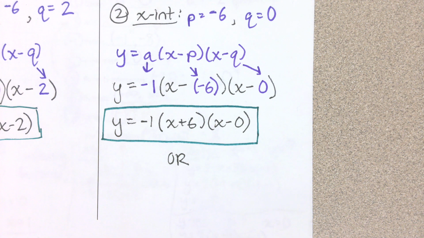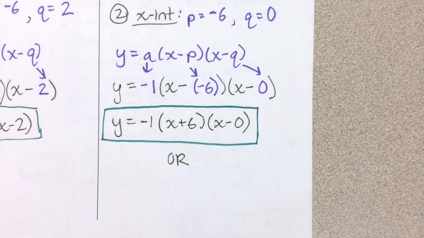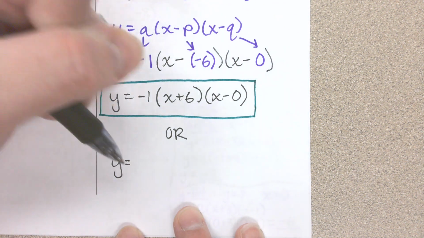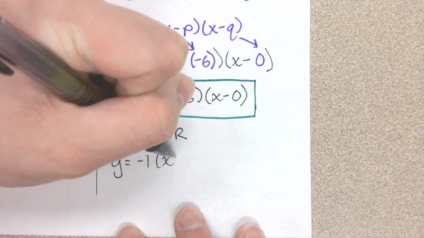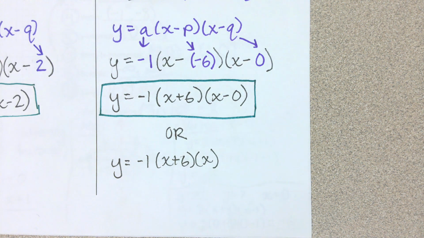What could I change? Just get rid of the 0. You can drop it. It doesn't change anything. This is just an X. So this is the better answer. Y equals negative 1 times X plus 6 times X. No 0 needed. Again, both of these equations are correct.